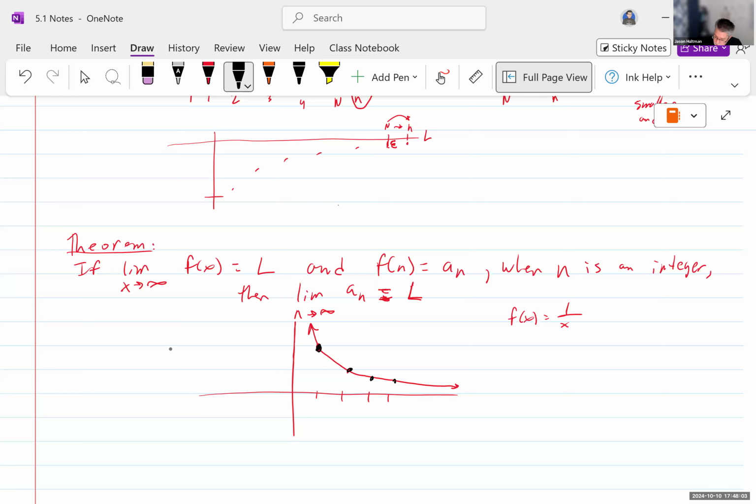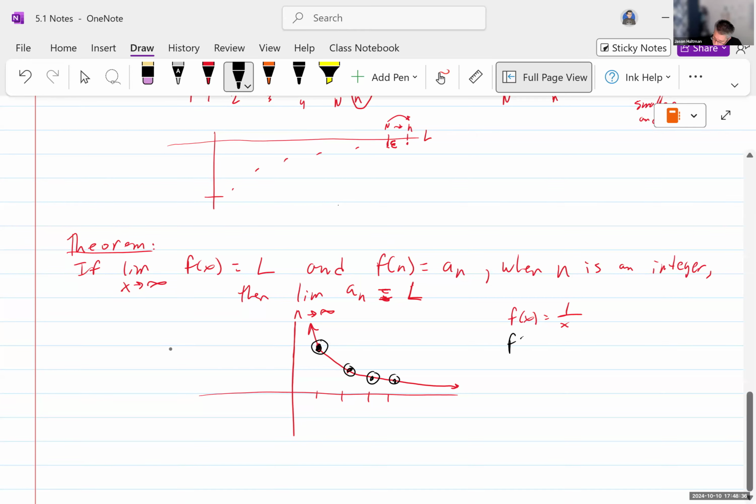It's following this f of x function, but it's going in jumps, and so the limit of the function is going to be the same as the limit of the sequence. It just has fewer values. The only values that we're really counting in the sequence are these black dots, but it's still going to the same place. We're only allowed integer values for x.